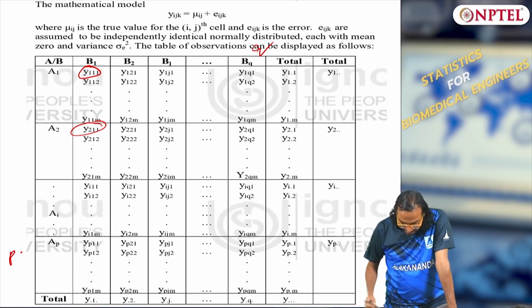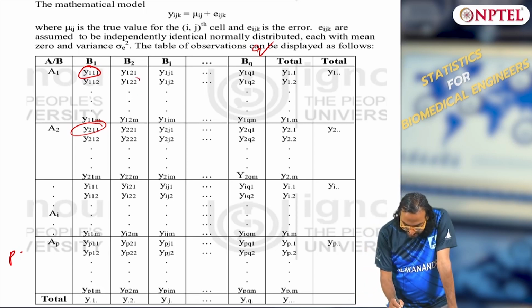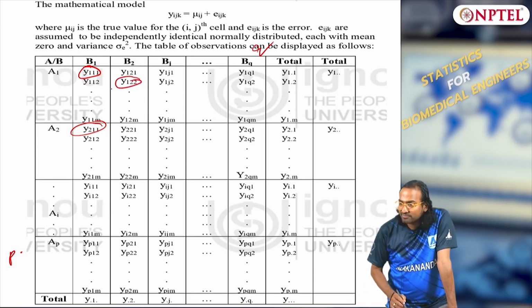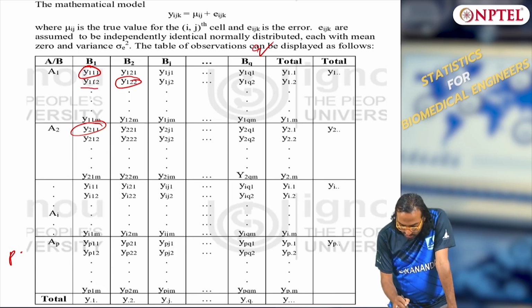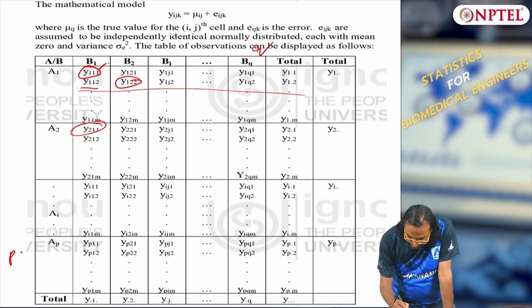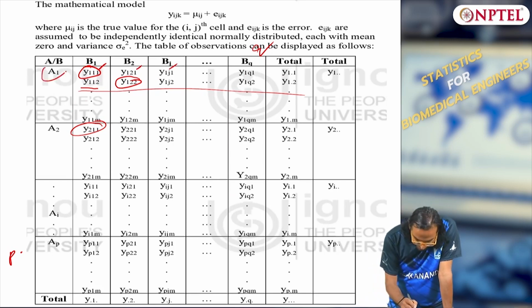You can see the second replication Y122: A1 B2 for the second replicate. If you go along the rows, the replicate is fixed: 1, 1, 1, all ones for A1.